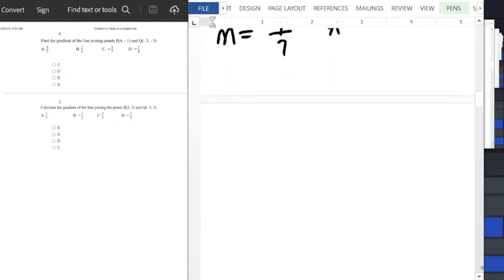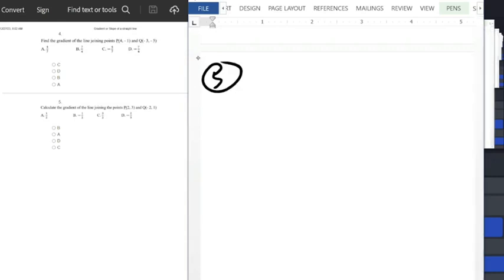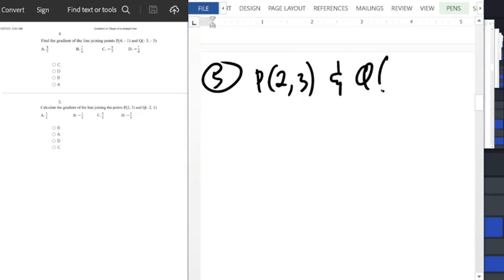Question number 5. Calculate the gradient of the line joining the points. So the same thing. We have point P, which is (2, 3), and Q, which is (-2, 1). All right. So this will then give us the gradient. This is x1, y1, x2, y2.